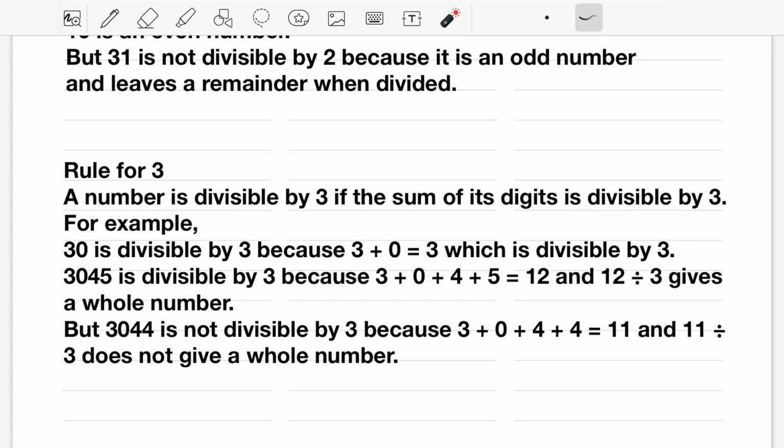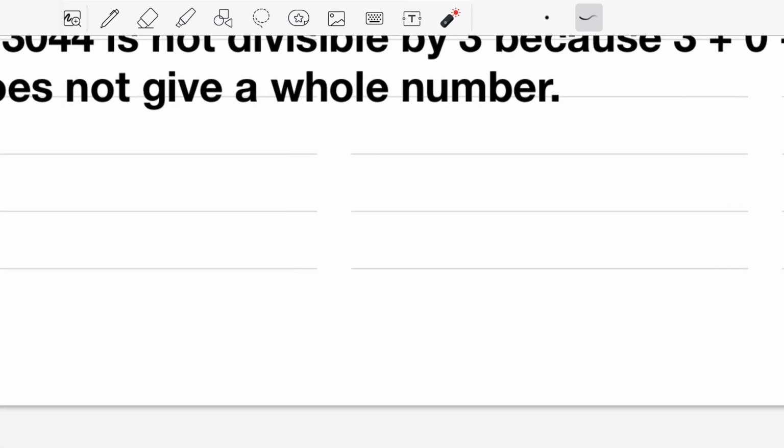How can we know if a number is divisible by 3? A number is divisible by 3 if the sum of its digits, meaning its individual digits, is divisible by 3. So let's check a number.